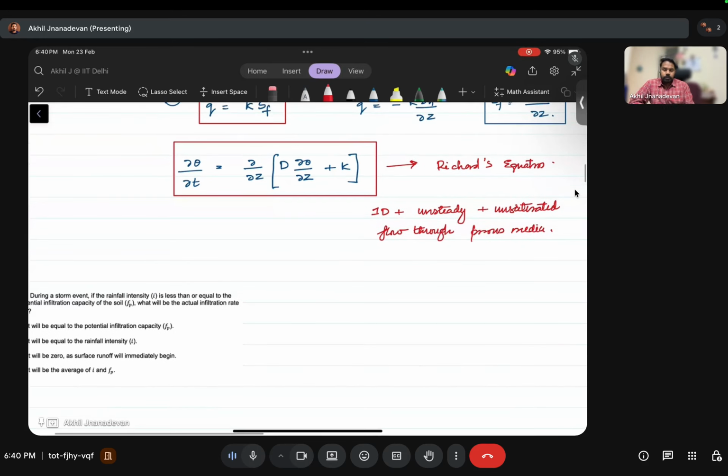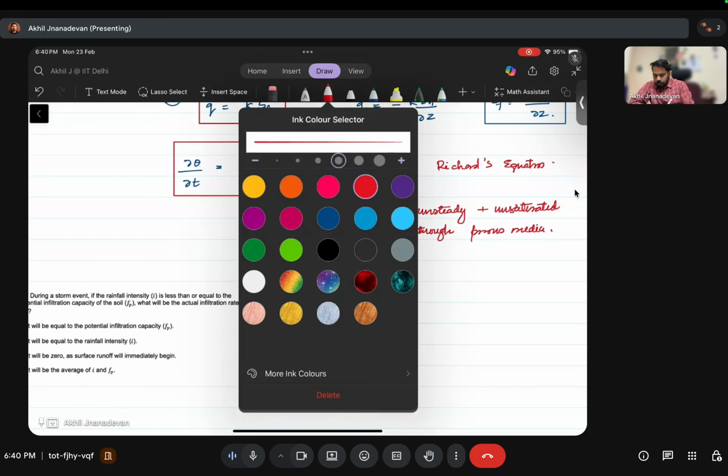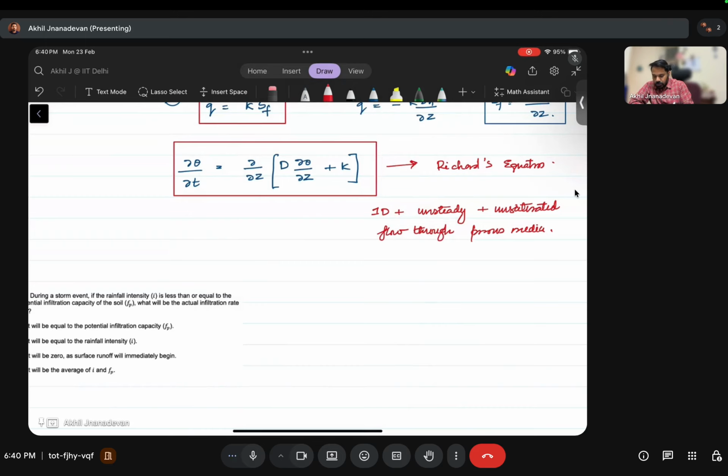So the only thing you have to remember is how we end up with this equation. Here, one more thing I wanted to highlight is what is this K? This particular K is nothing but the hydraulic conductivity, a constant conductivity of the porous medium.